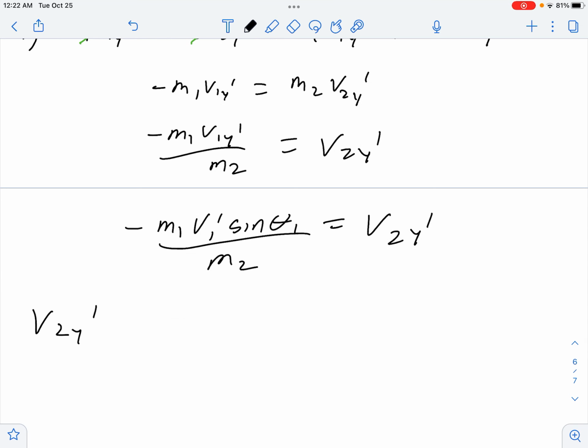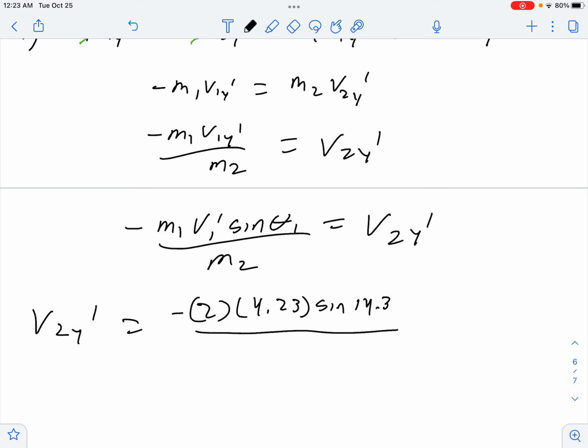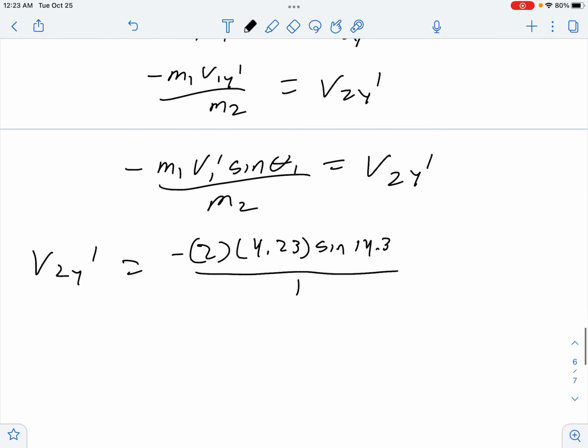V2y prime is going to be equal to negative m1, which is the 2 kilograms. Afterwards, we're given that its speed is 4.23 meters per second. It goes off at an angle of, was it 14.3 degrees? Yeah, 14.3 degrees, divided by 1. Again, it's just calculator time. When I do this, I'm going to get a negative 2.090.